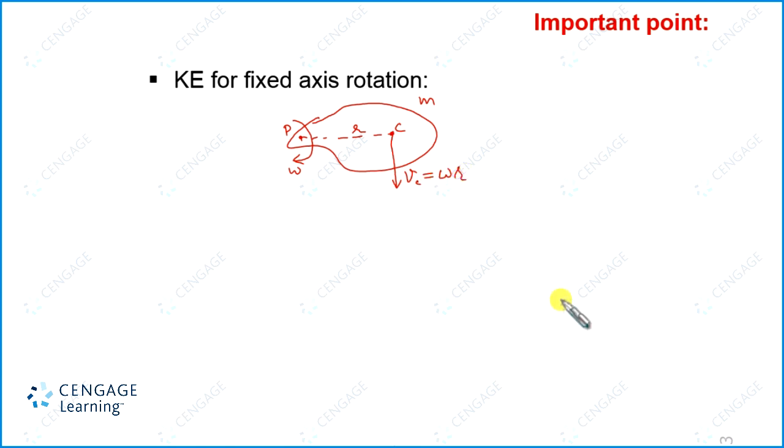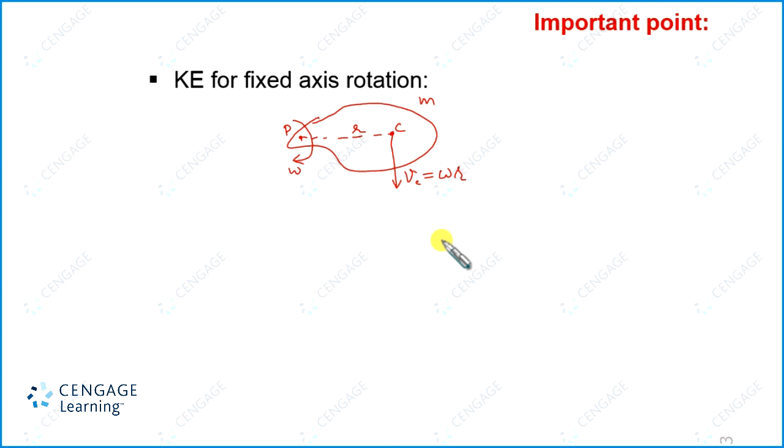You can observe here this body is having combined rotation and translation motion. Why? Because the center of mass of the body is not fixed, it is moving. That means it is having translation motion, and the body is rotating about this fixed point. That means its motion is also rotational motion.